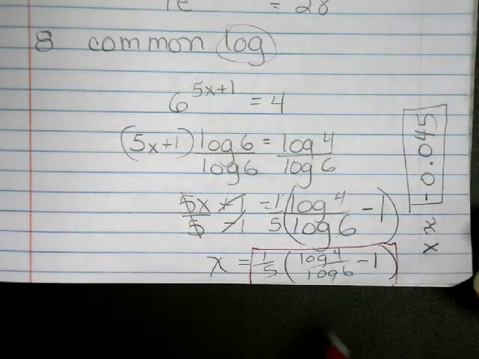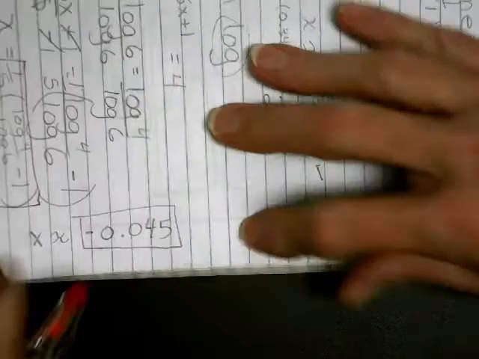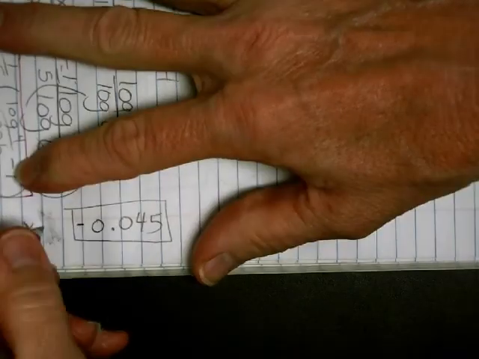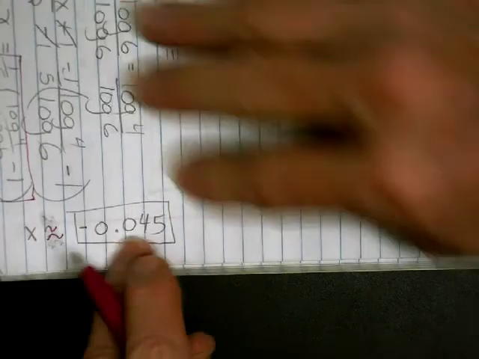So then when you enter that into the calculator, you get about a negative 45 thousandths.